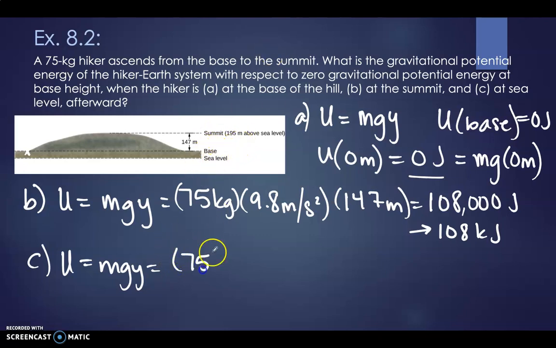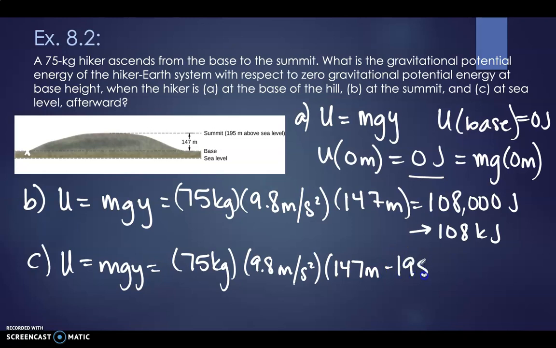So when we find our y, it is actually going to be the difference between our base and our sea level and our summit, or this distance minus this distance. That'll give us our sea level. So 147 meters minus 195 meters. All right, so this gives us minus 35.3 kilojoules.